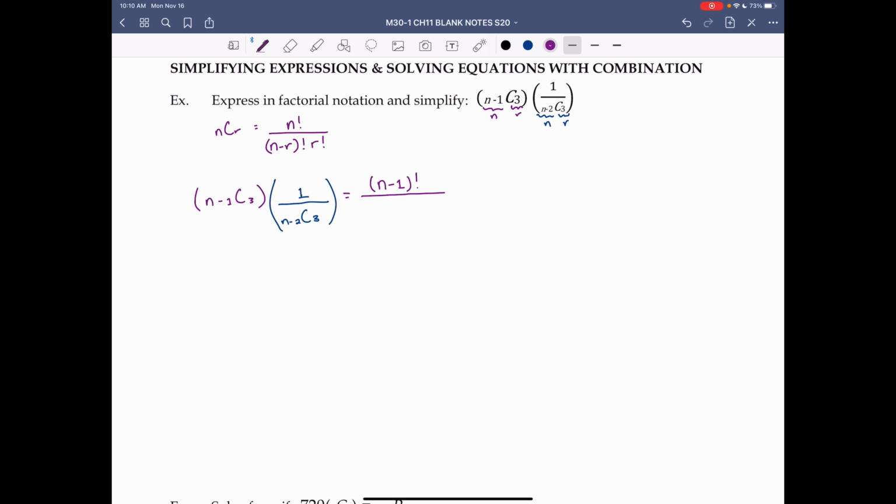Then we have n minus 1 minus the r value, which is 3, in brackets factorial, and then the r value, which is 3 factorial.